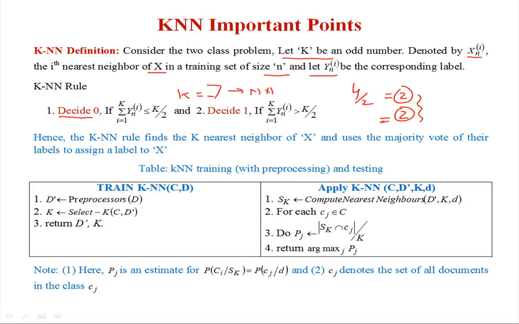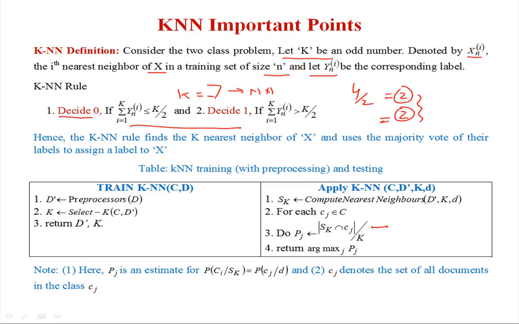Now the test set, how to apply k nearest neighbor. Suppose a document comes, then we will take it based on this formula. This intersection shows how many of the nearest neighbors belong to the same class, and then select p_j and calculate the argmax.